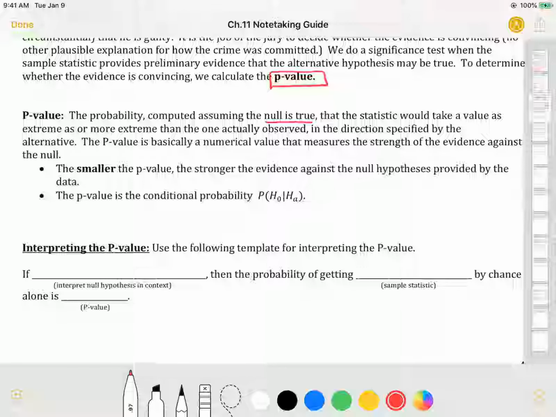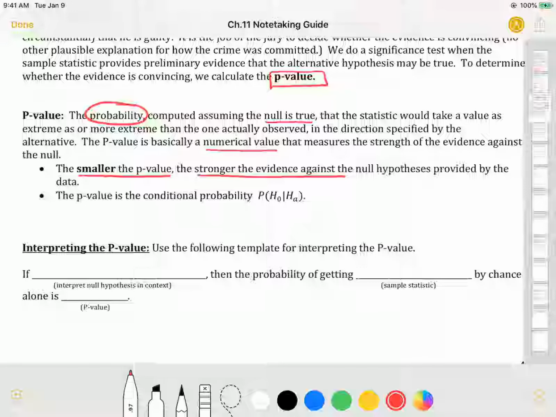That would be from our sample data. And we get this number, which we call a p-value. It's a numerical value, and this value measures the strength of the evidence. Since a p-value is a probability, smaller p-values or smaller probabilities are less likely to occur. So that gives us stronger evidence to disprove this null.